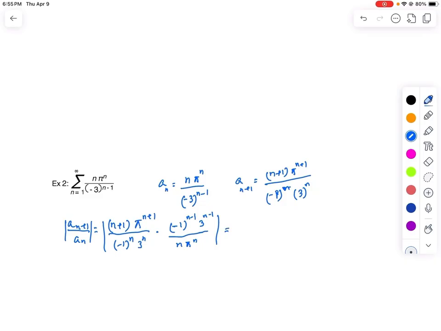Now note here the negative 1 power at the bottom is smaller, so we are left with a negative sign at the bottom.